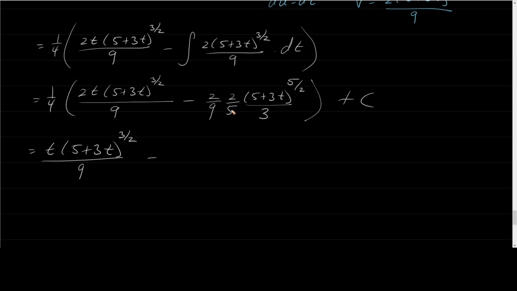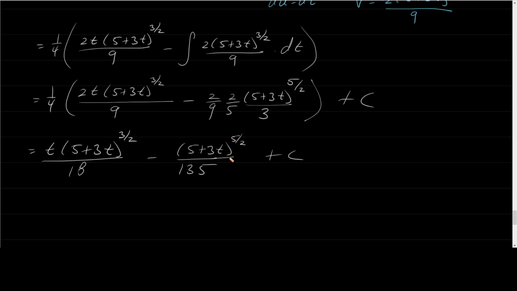So I have 9 times 5 is 45. 45 times 3 is 135. And I just realized that I canceled too much stuff out in the first one. The 2 and 4 reduced to just be 2 on the bottom. 2 times 9 is not 9, it's 18. There we go. Sorry. Back to this stuff that we had over here. We have a (5 plus 3t) to the 5/2 plus c.